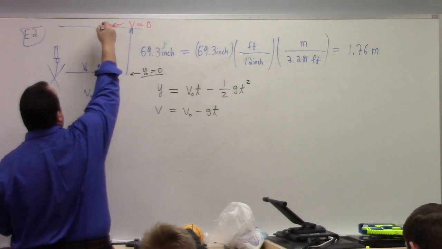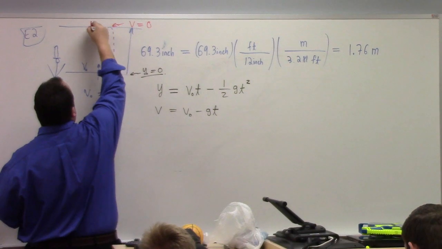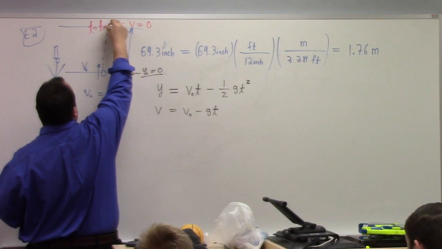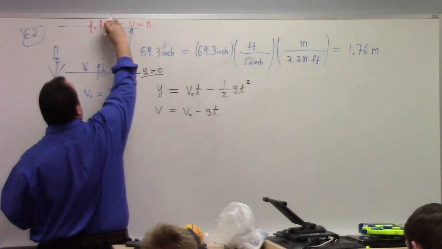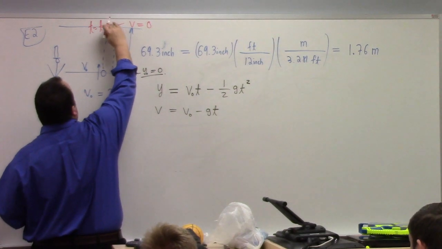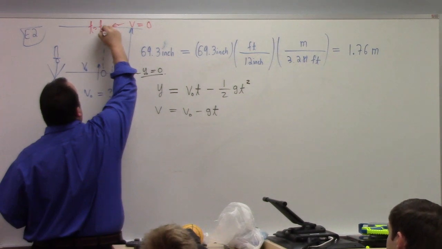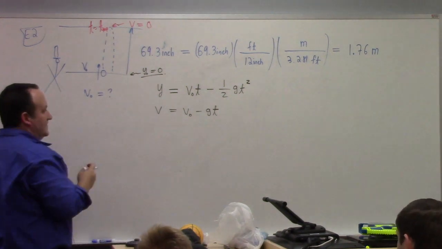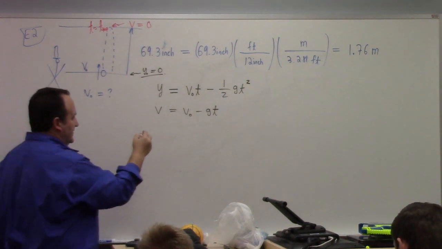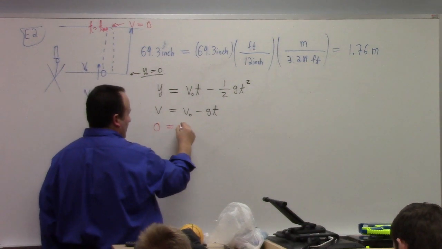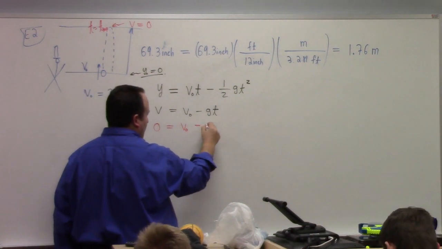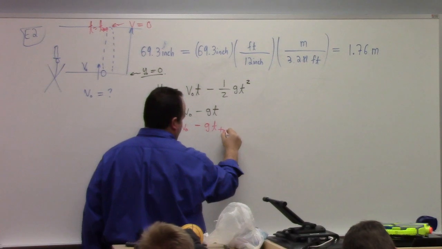And we could say, let's call that t equals t max. That's not the right word. I need to give it a name. T what? Ttop. Yeah, sure, why not? Ttop, I like that. So this gives us that 0 is equal to v sub 0 minus g Ttop, yeah?